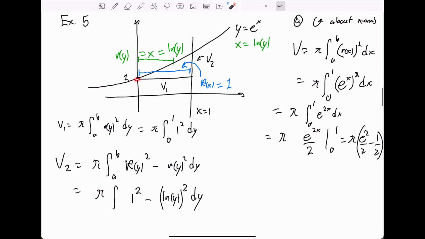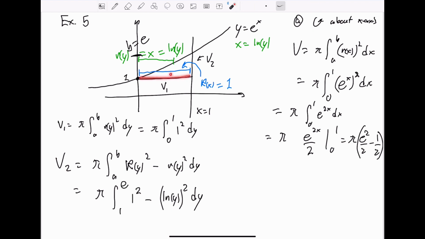Well, now I'm adding up area starting at this y value and continuing until I get to the y value of the intersection point. What is the y value of that intersection point? Well, that's the y value when x equals 1. If x equals 1, what is y? Y is simply e. So this height, this b value for the integral, is e to the 1 or just e. So for this second integral, I integrate from a y value of 1 to a y value of e.